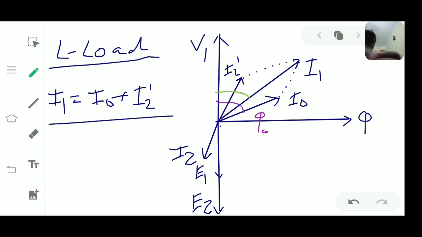This angle is phi 1, the primary side power factor angle on inductive load. And this angle is phi 2, that is the load power factor angle.